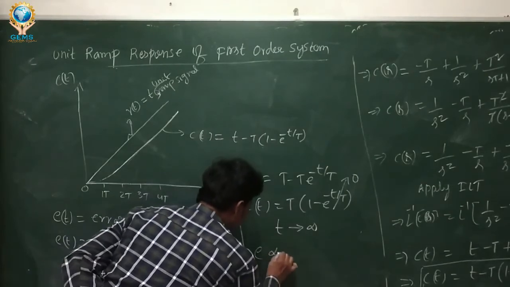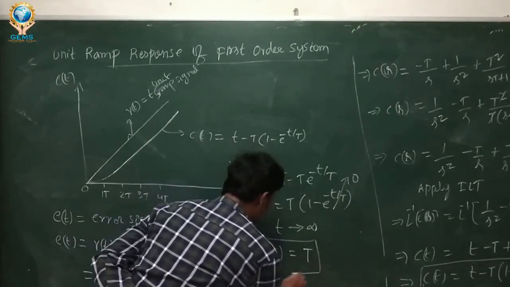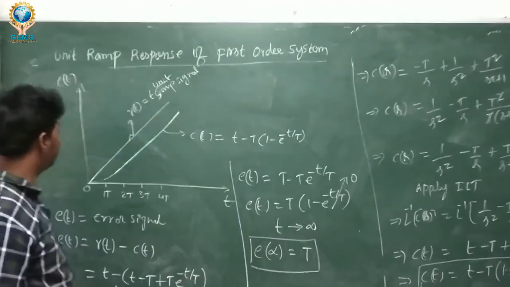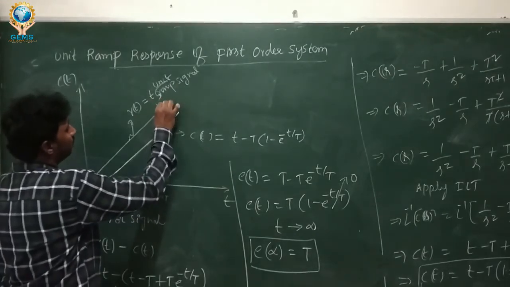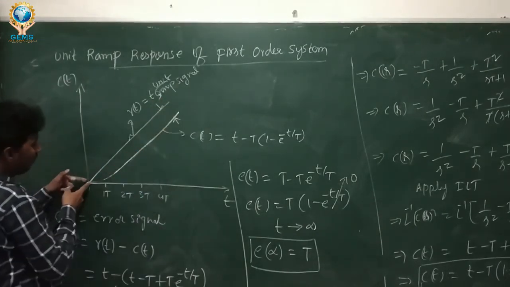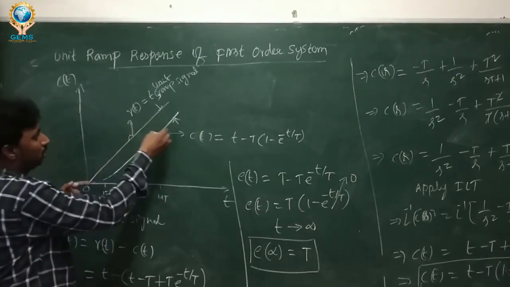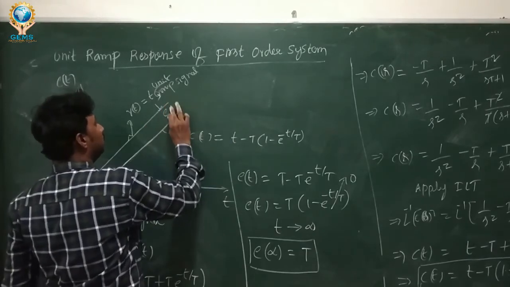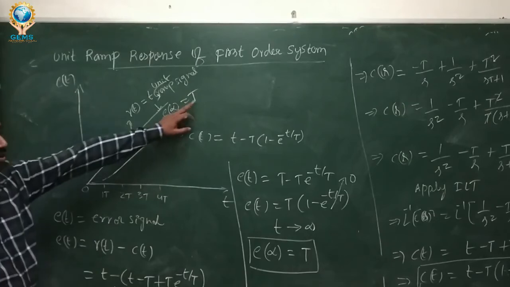So e of infinity is equal to T. You see here, this is the error, this is the input signal, and this is your output response. Your output is not tracking the input, and this is actually called the error. E infinity is equal to T.